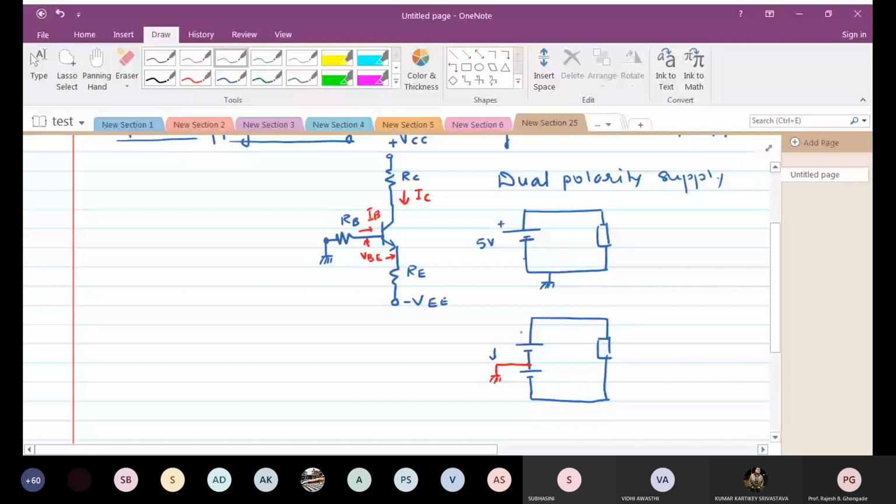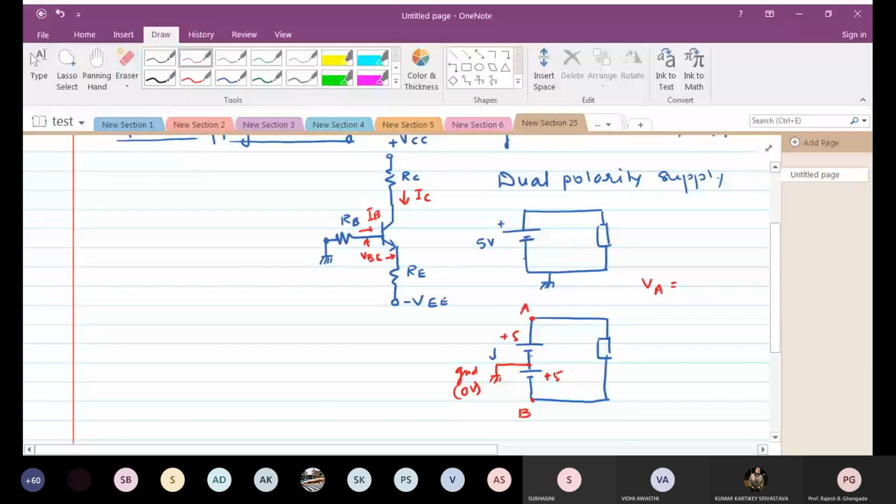And with respect to this point, what is this voltage? Let us put it down nicely. I'll call this point A. Call this point B. So what is VA? Of course, everything is with reference to the ground, which is called 0 volts for our convenience. If this is plus 5, this is also plus 5.